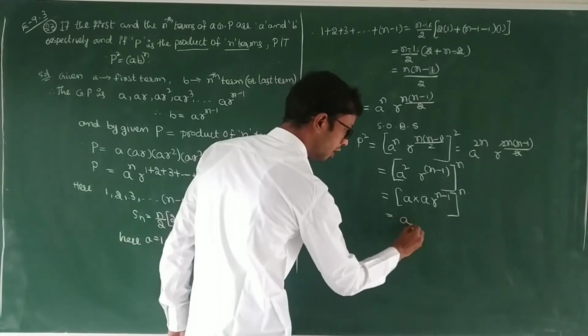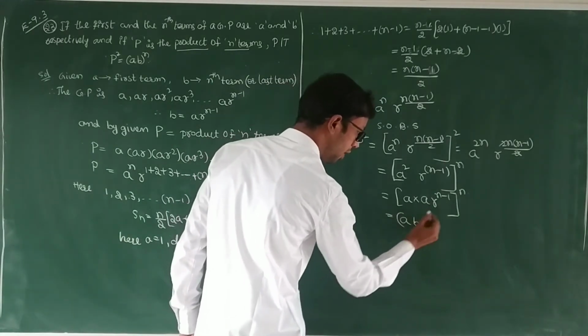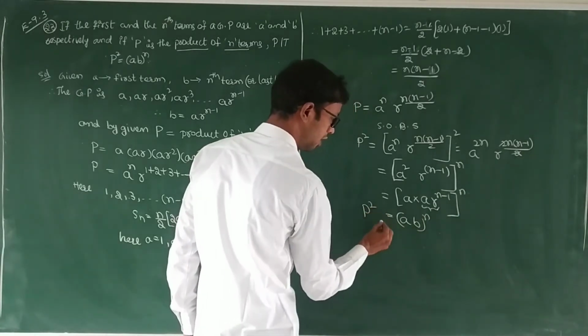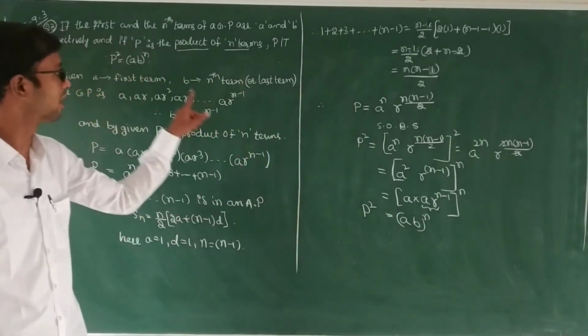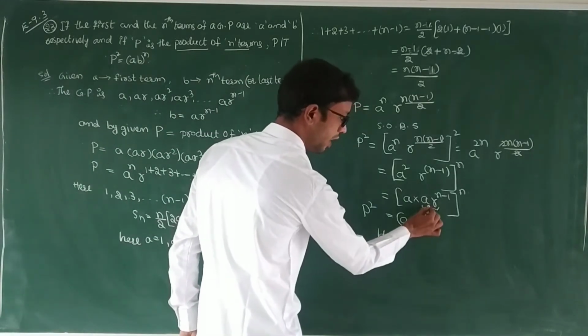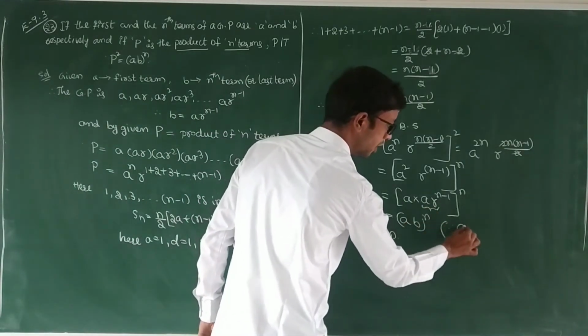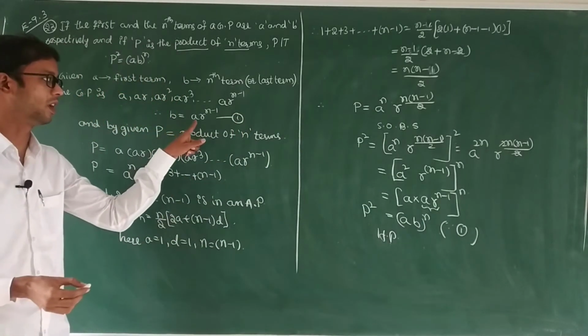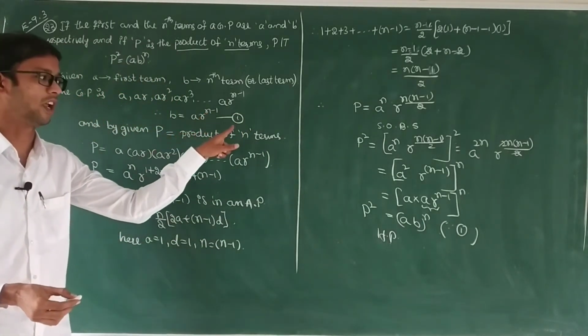So this value is b. This value is b. P square is equal to (ab) power n. Hence 2. So how did we get this? From equation 1, I have to make this as equation 1: b is equal to a into r power n minus 1.